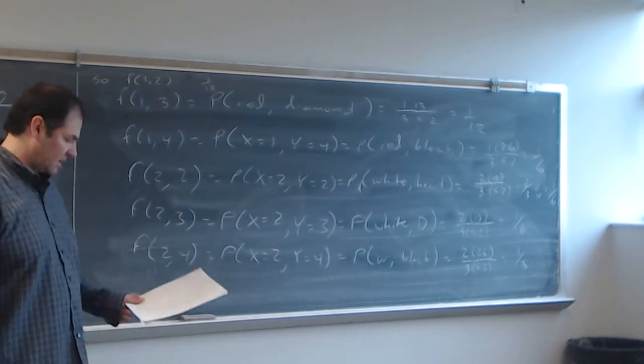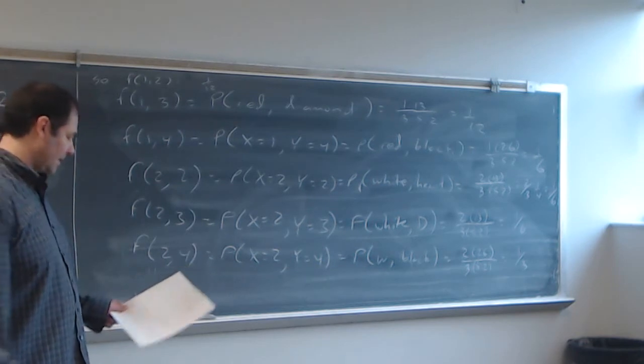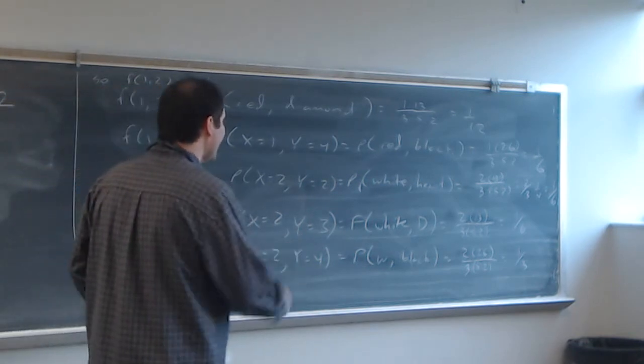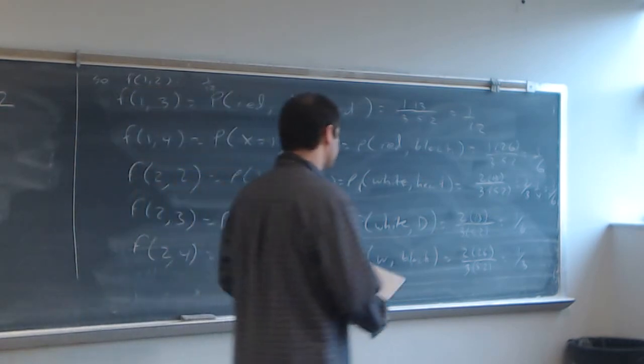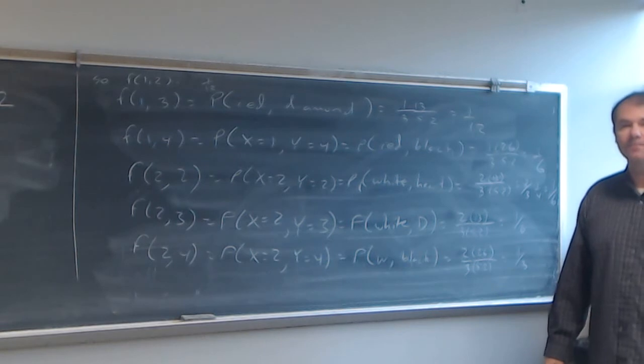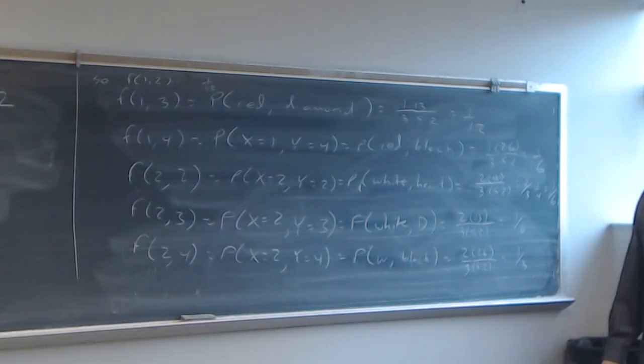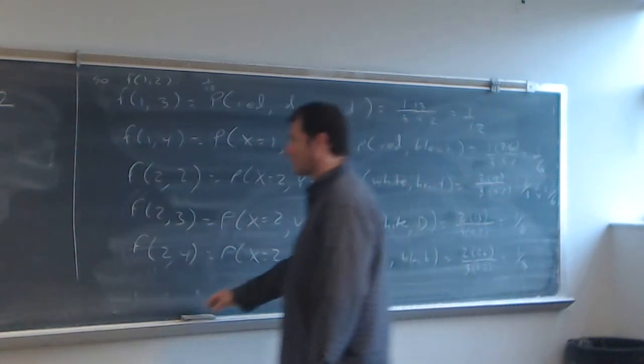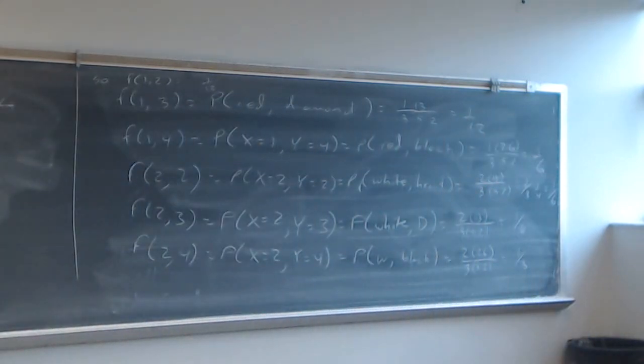Now, one of the things I want you to notice is that if we add up these values, I'm going to do that in just a second. Remember we said that the double sum over all x values and over all y values of a joint PMF is equal to 1. Let's check that out.